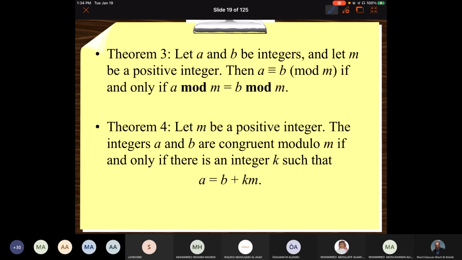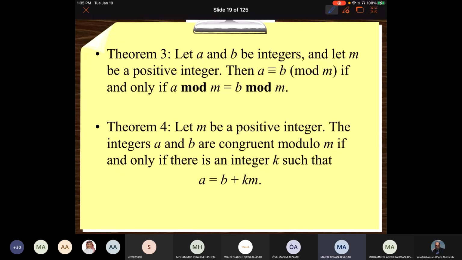What is 17 mod 5? 2. And what is 7 mod 5? Also 2.